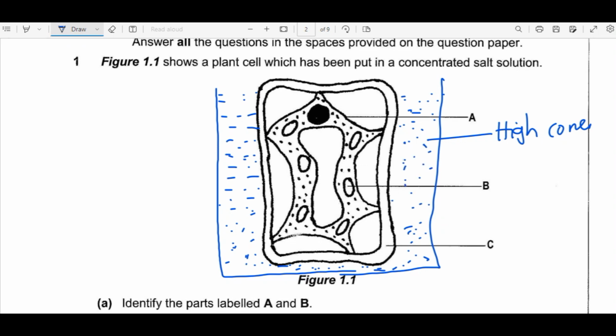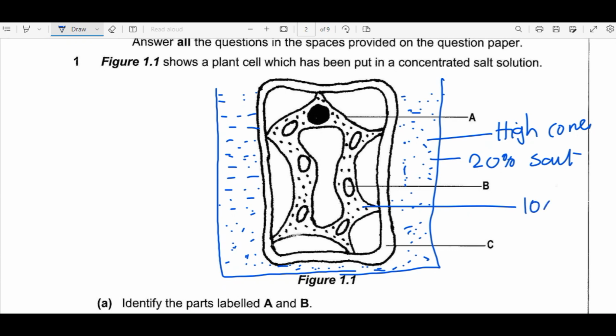Now let's maybe assign some numbers to these two solutions. Let's say this is a 20% salt solution. Remember that a cell also has a concentration, also has a solution.